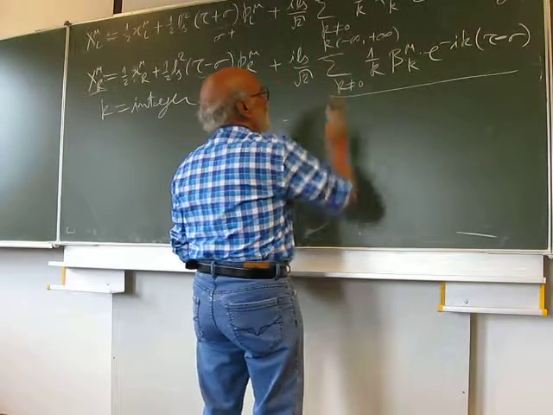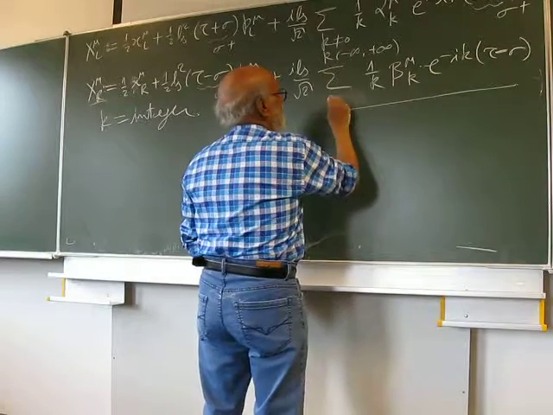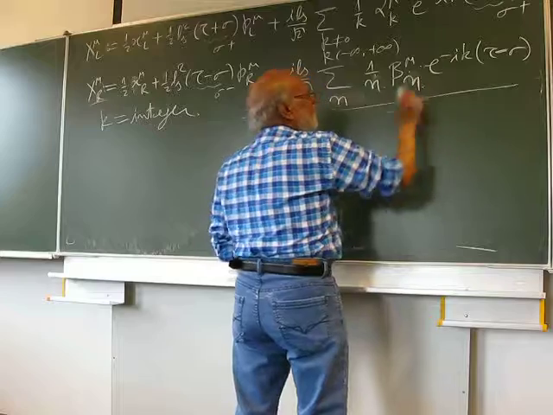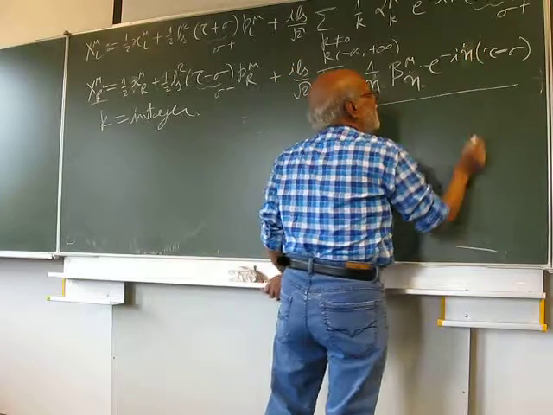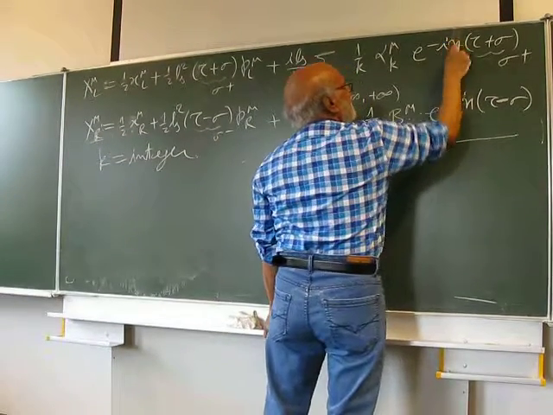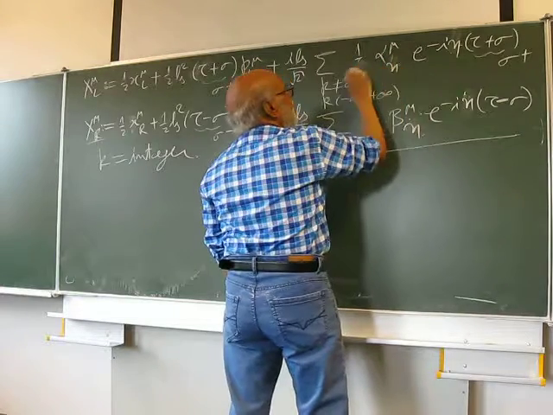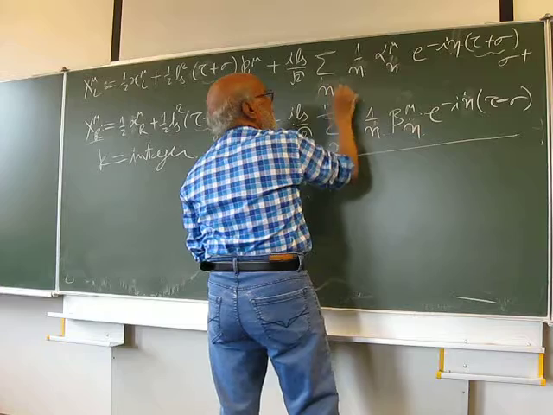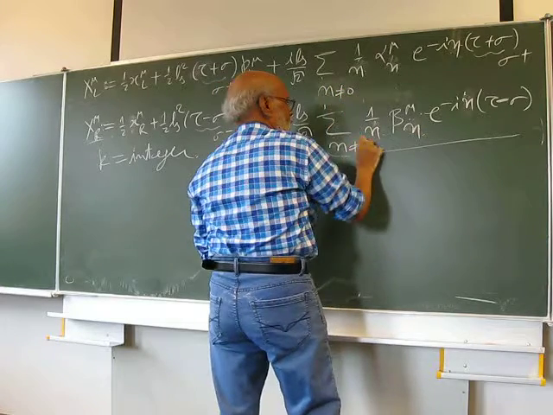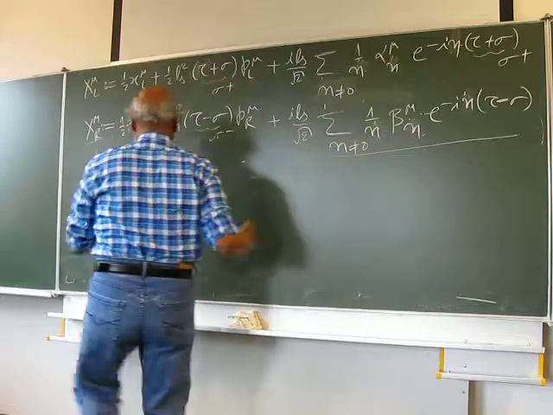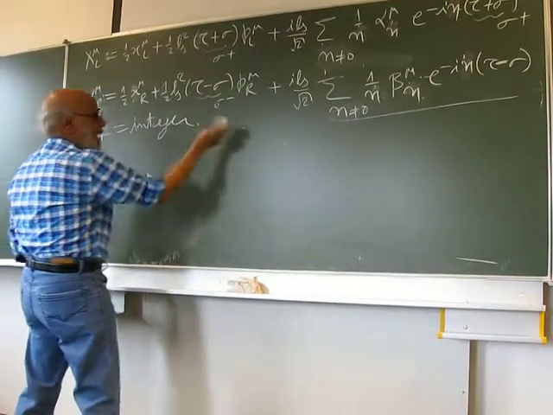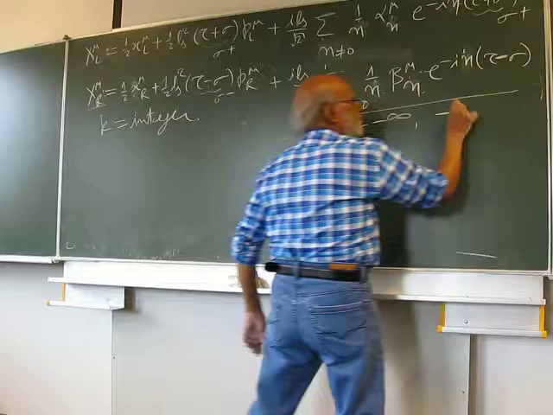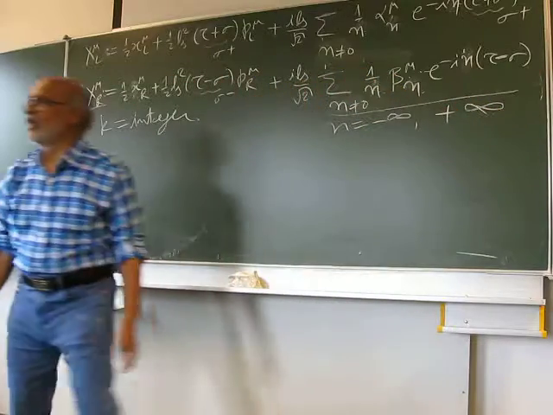So k we could replace here by, let us say, n or m, just to remind ourselves that we are dealing with an integer, but still n not equal to 0. Otherwise n goes from minus infinity to plus infinity. So what does it mean?